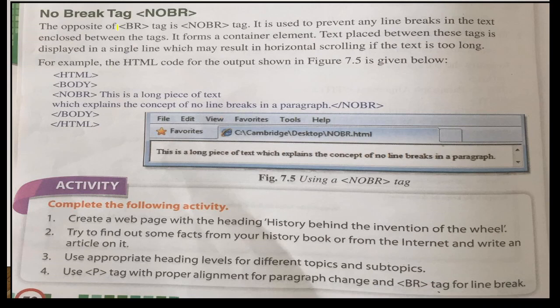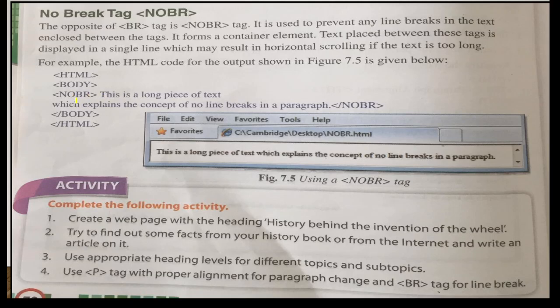No break tag. This is the opposite of the break tag. It is used to prevent any line break in the text enclosed between the tags. It forms a container element. As you can see here, this is an example of how to use the no break tag. NOBR.